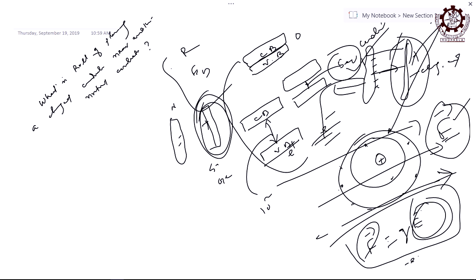The charge appears separately at the two ends of the conductor, which was never there before placing this conductor. They were moving randomly, but now they are bound to remain at the two ends. If it is a positive charged body, this side is negative and the other side is positive. They cannot move randomly now; they are sticking to these two positions.